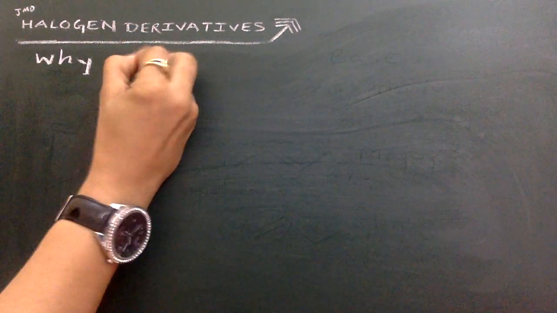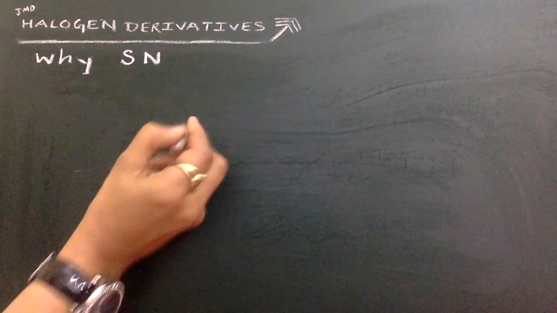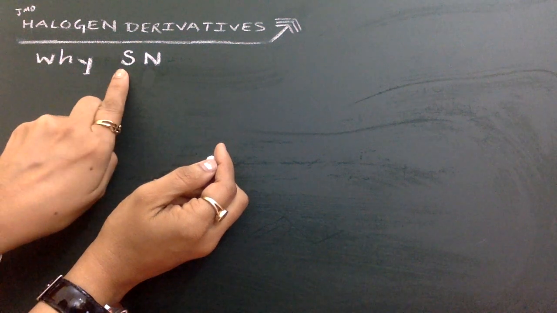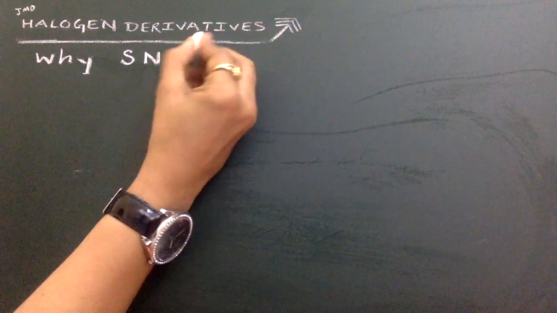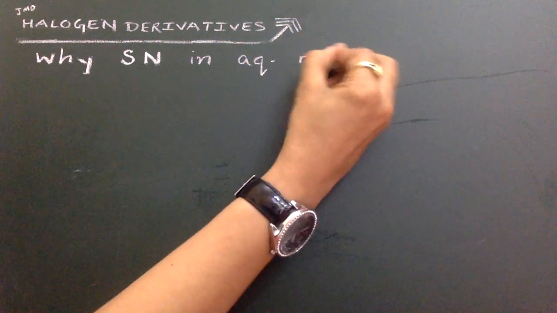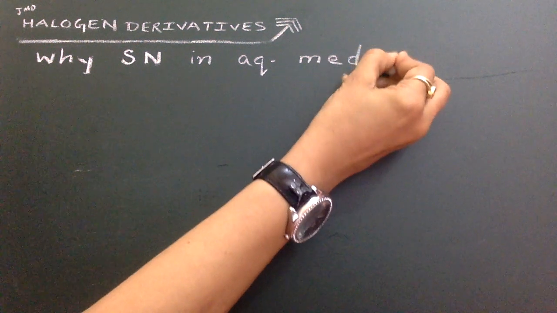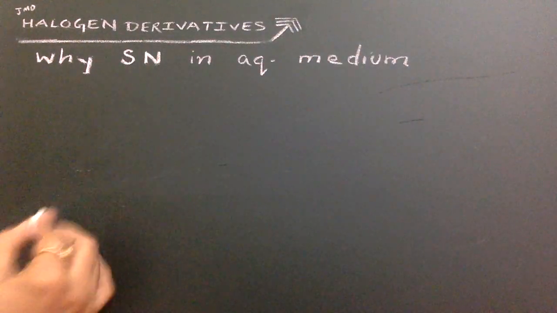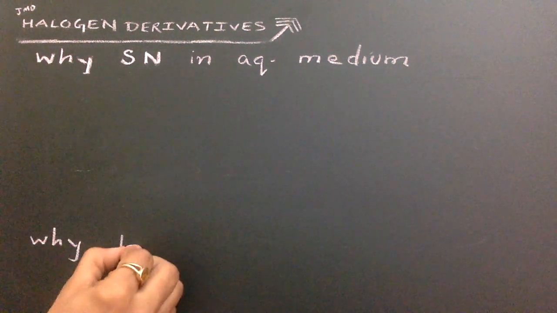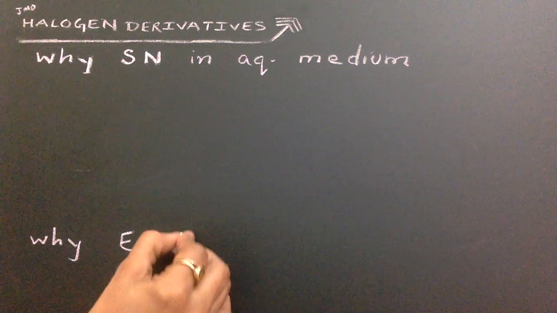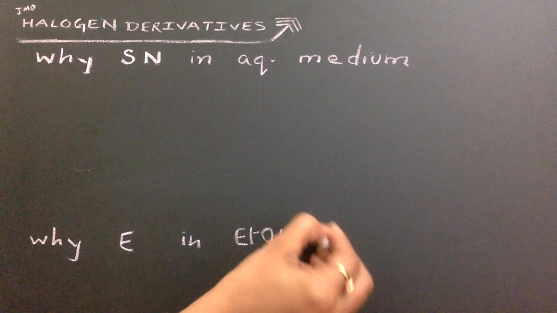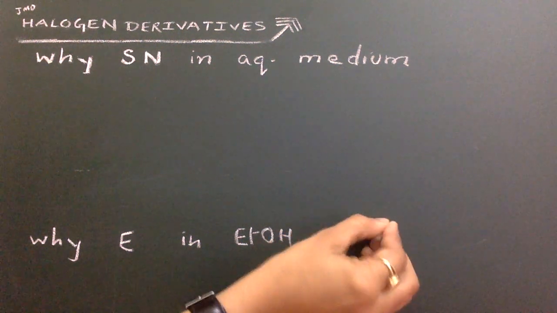Why nucleophilic substitution? Why nucleophilic substitution in aqueous medium? And why elimination, E is for elimination, in EtOH, alcoholic medium? Let us see that.